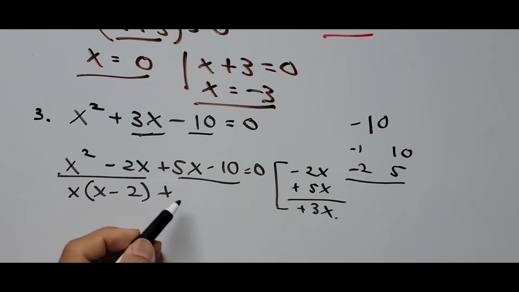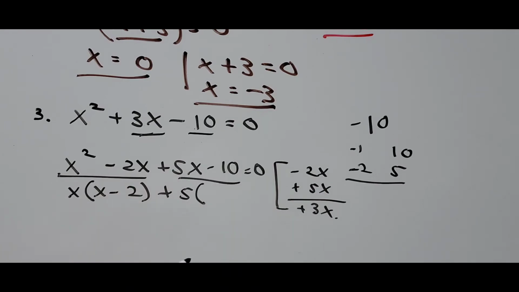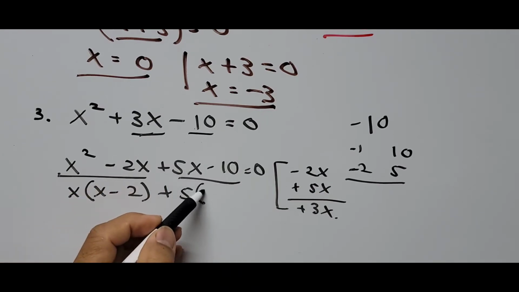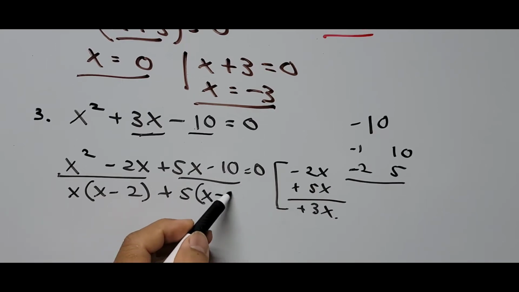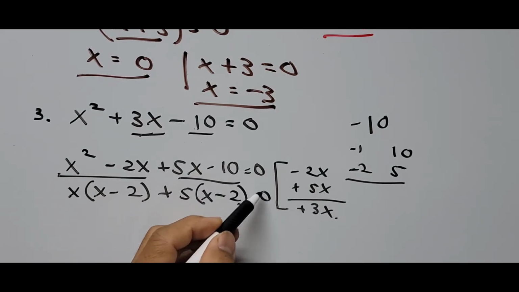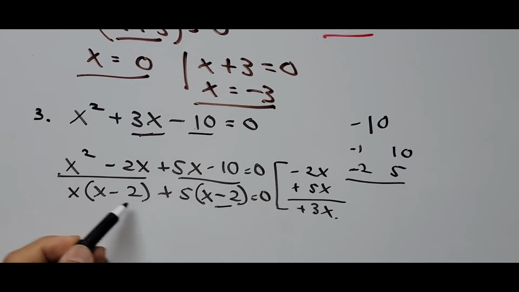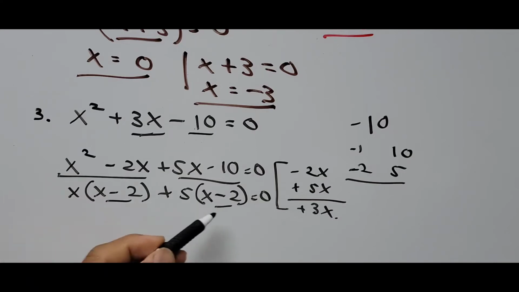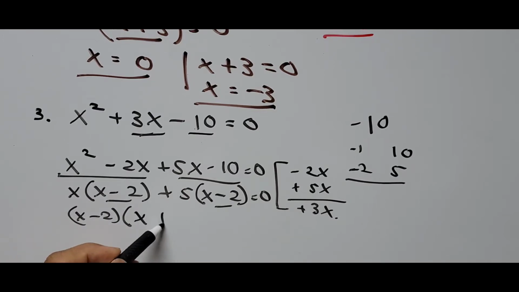And here, we have to factor out 5 out of these two terms. So we have x left inside, minus 10 divided by 5 is 2. Since 5 times 2 is 10 negative, that's the one right there. And if you notice, you have the same factor. We factor that out, so it becomes x minus 2 times x plus 5, equate that to 0.